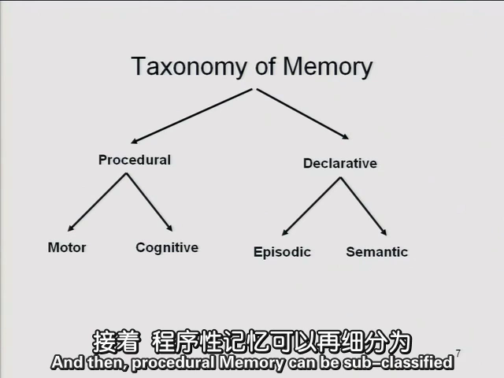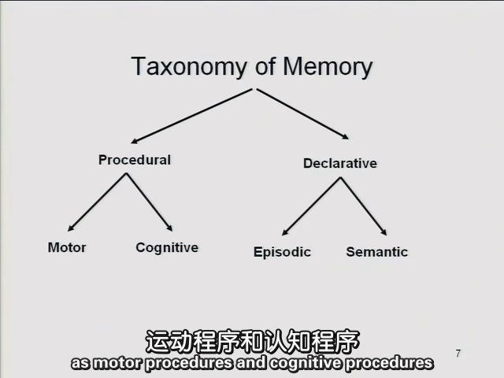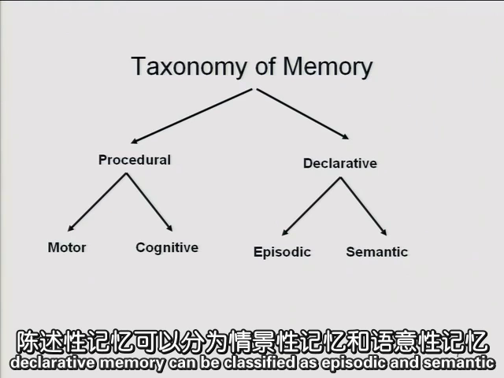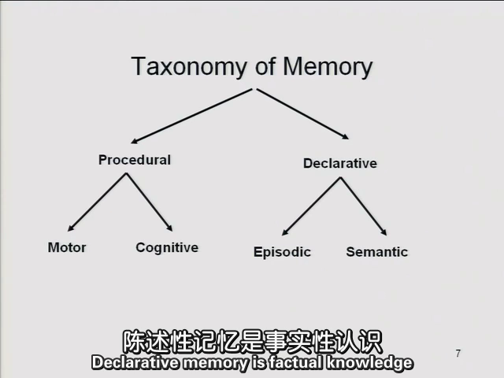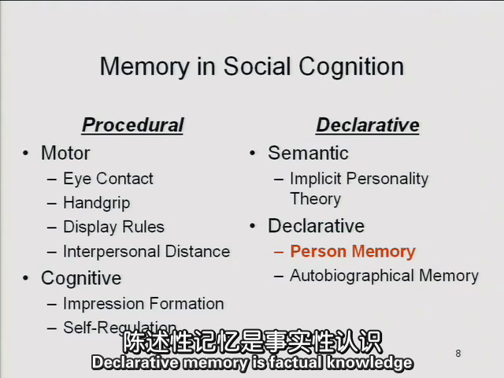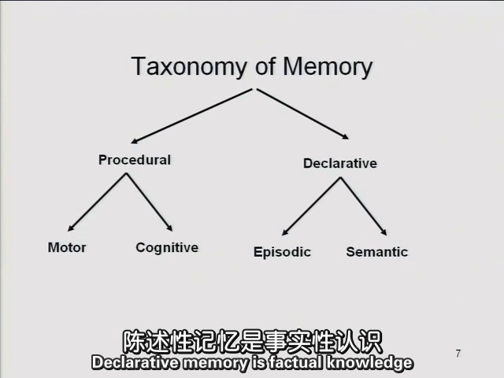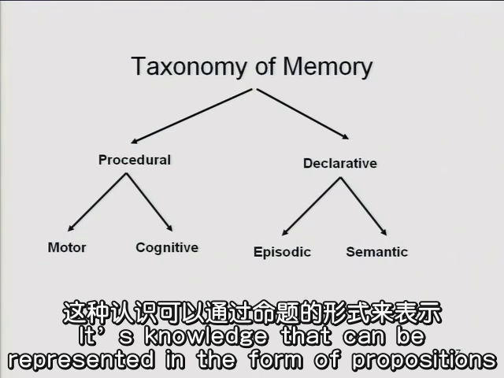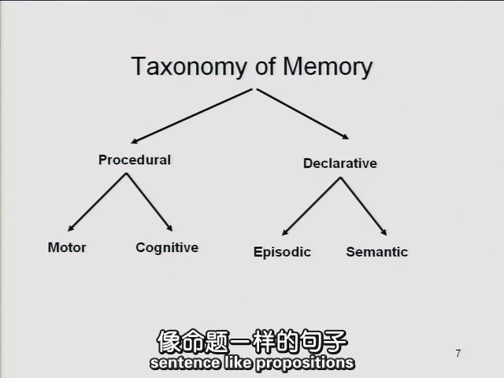And then procedural memory can be subclassified as motor procedures and cognitive procedures. Declarative memory can be classified as episodic and semantic. Declarative memory is factual knowledge. It's knowledge that can be represented in the form of propositions, sentence-like propositions.